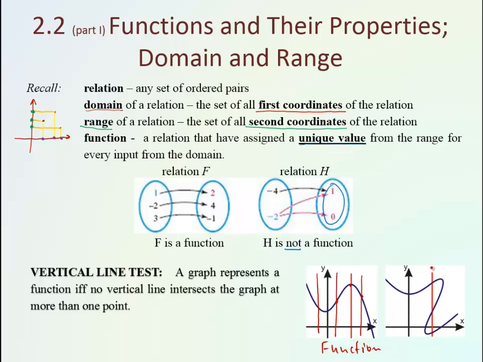However, in the second case, we see that we can find a vertical line that passes through the graph 3 times, more than once. That makes it not a function. So again, to check if something is a function or not, we apply the vertical line test, which says that a graph represents a function if and only if no vertical line intersects the graph at more than one point.